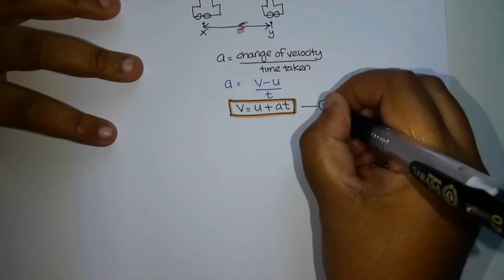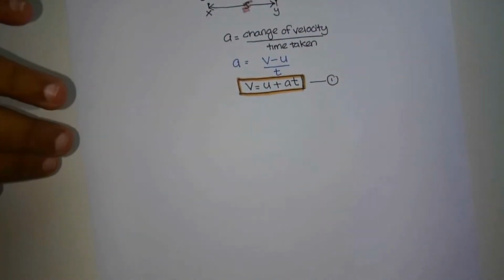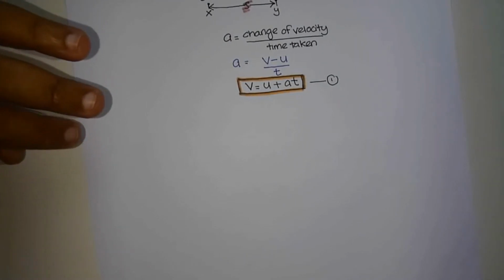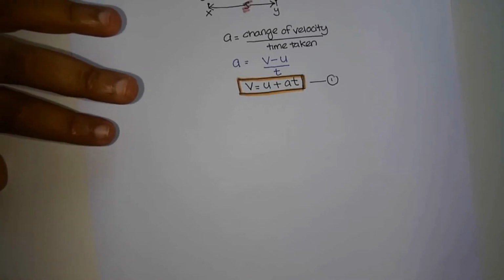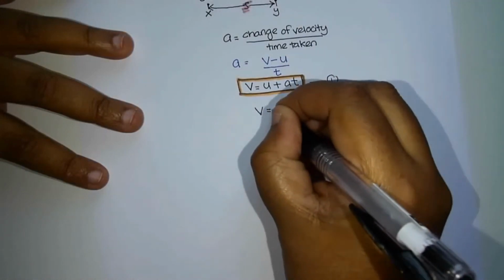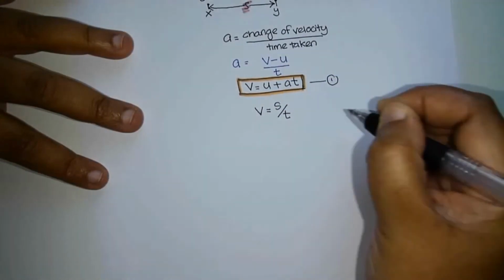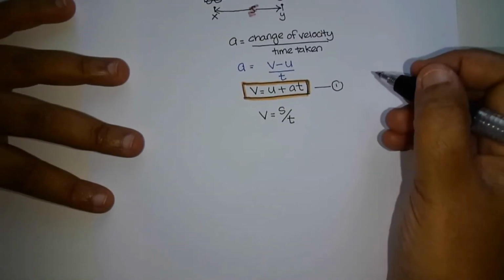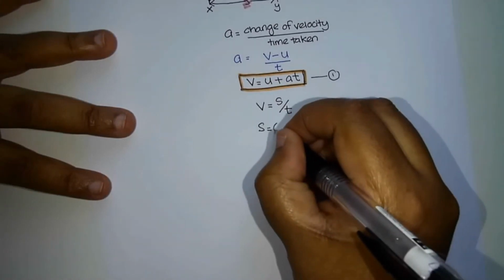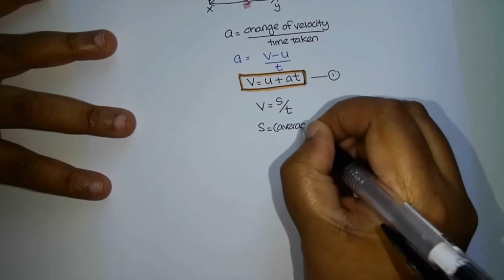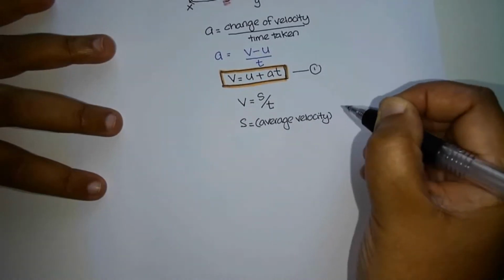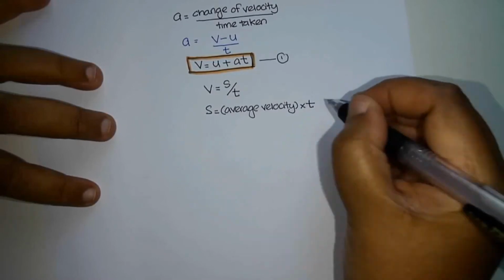Now the next one is a formula from the definition of velocity. We know velocity is displacement over time. So we also know that displacement is equal to average velocity times time.